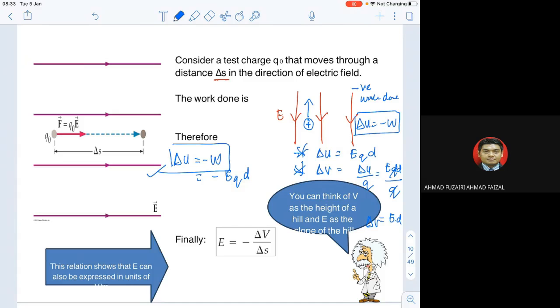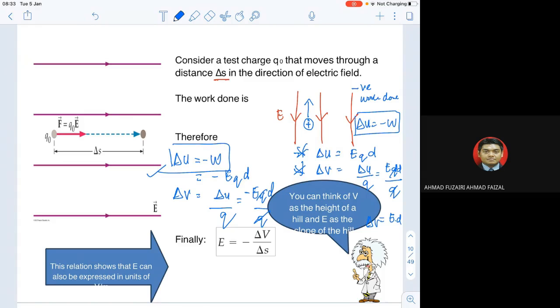And if we put delta V equals delta U over Q, we have negative EQD over Q, and then delta V becomes equivalent to negative ED. Delta V equals negative ED.